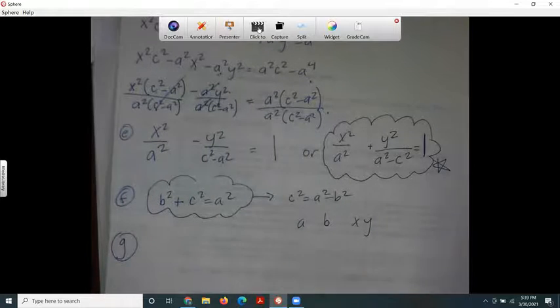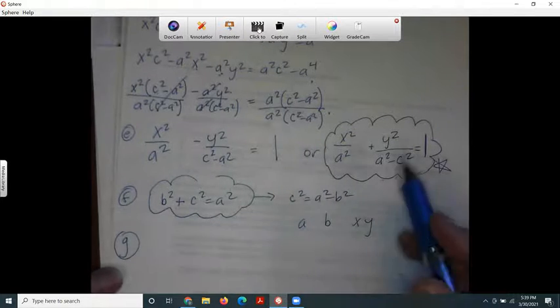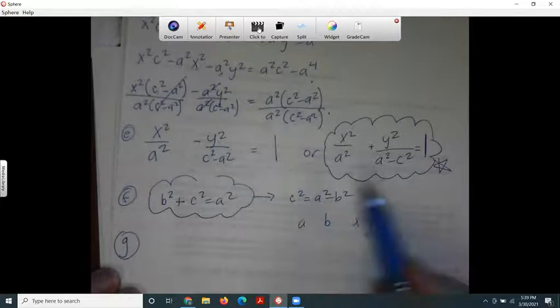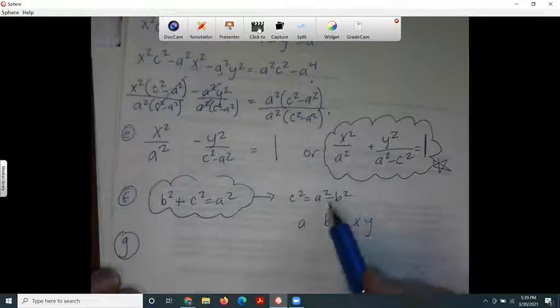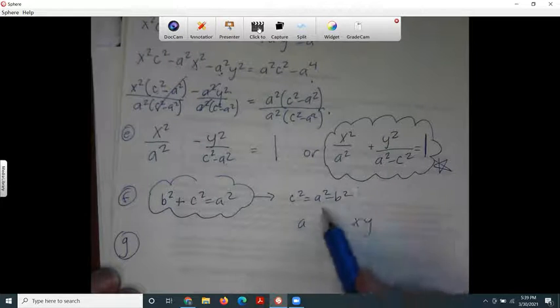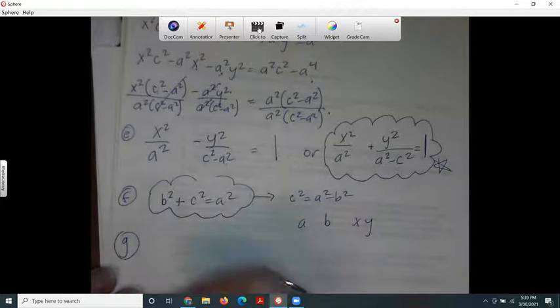And then it wants me to use substitution. Okay, all right, I can do that. So I'm going to plug in for this C squared right here, I'm going to plug in A squared minus B squared and see what I can do with that.